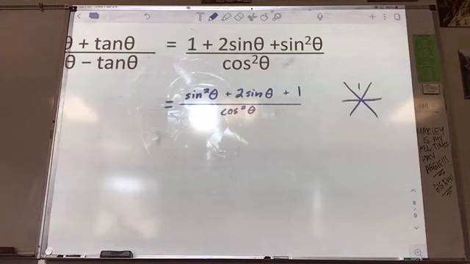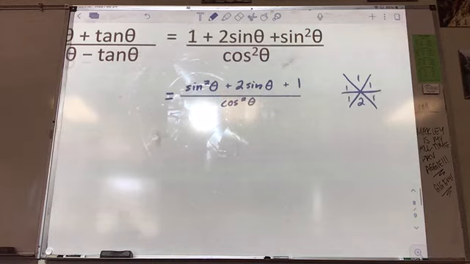So a 1 goes in the top. A 2 goes in the bottom. A 1 and a 1 go here. What multiplies to get 1 that adds to get 2? 1 and 1. Okay?